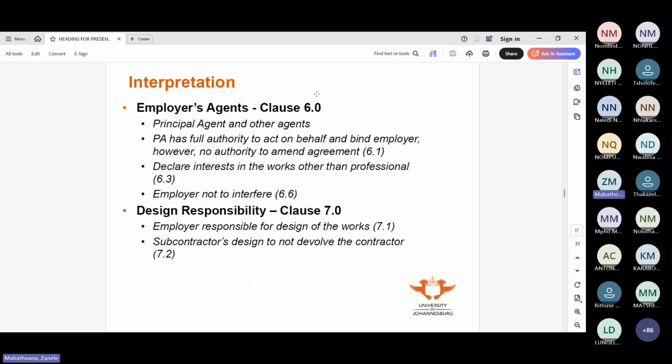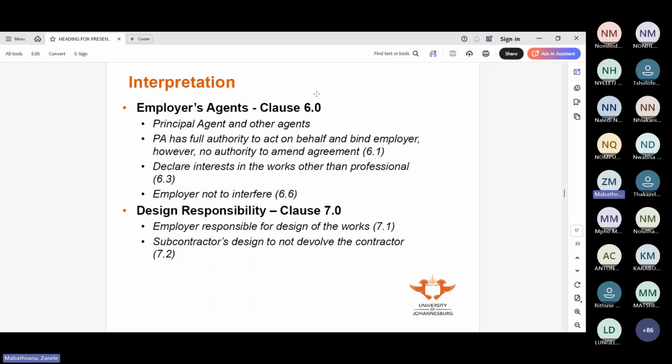So if you've appointed me as your quantity surveyor and then I win the Powerball and I'm like, sorry, I'm going to stop working, I'm going to run around the world chasing summer, please find another quantity surveyor. The employer would be obliged to notify the contractor, please note, Mabatwana and Associates is no longer going to be our quantity surveyor. We've appointed QS3 quantity surveyors or whoever, so that sort of thing.